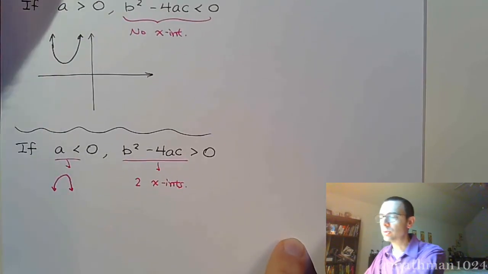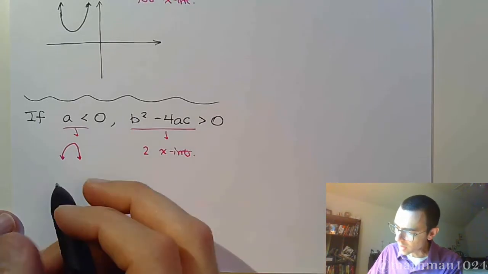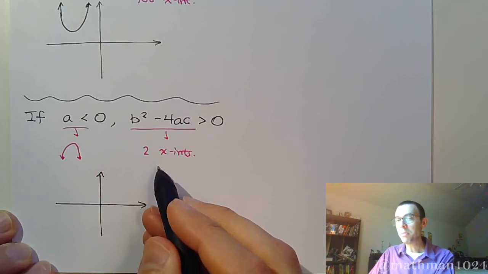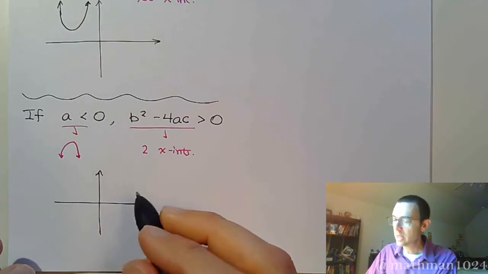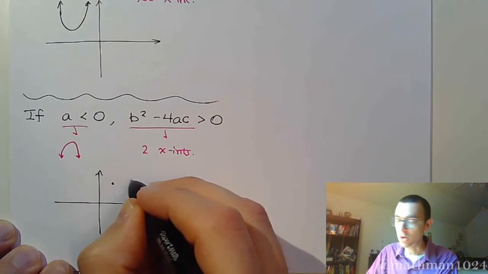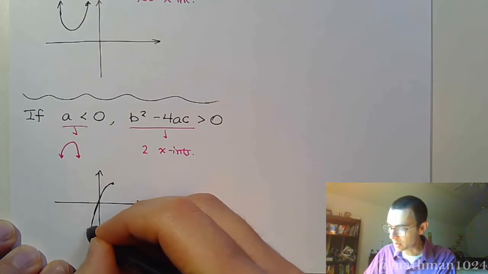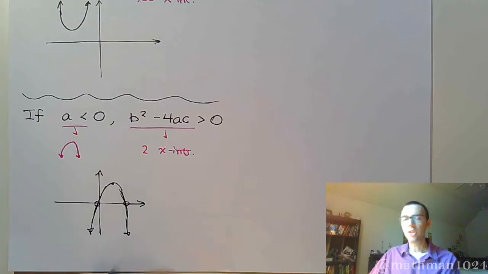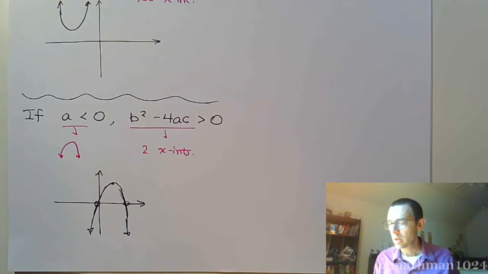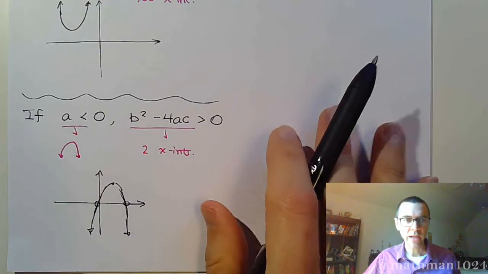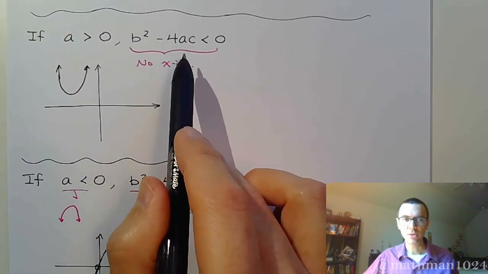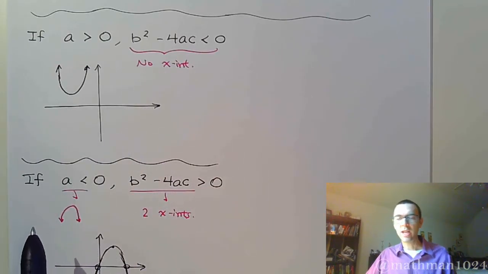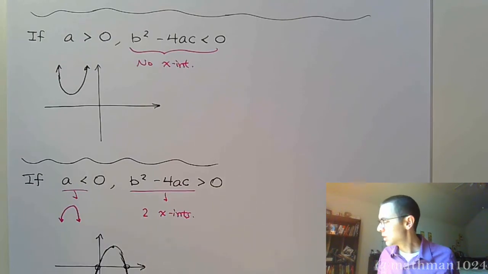If I had to draw an example of something that would fit this, I've got to be upside down, but I have to cross the x-axis. That means your vertex ends up being above the x-axis, so it could be anywhere above here. It could be in quadrant 1 or quadrant 2, and you're going to be opening upside down. So you are crossing into different values. In the last example, you were positive but you couldn't cross, so the vertex had to be up above. Here you were negative, so you're opening upside down, and this told you that you had to cross 2 different times.